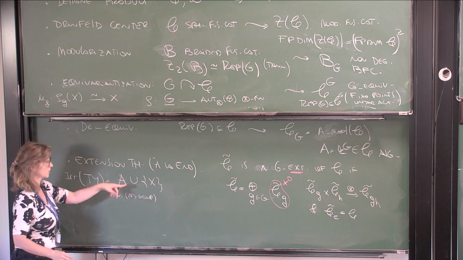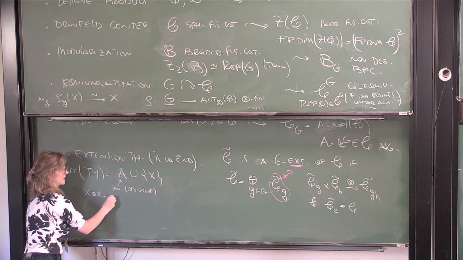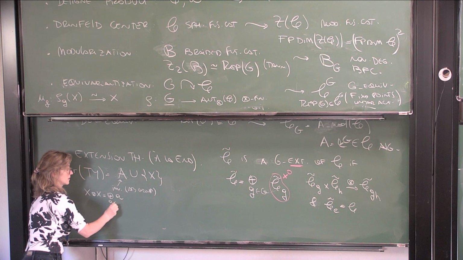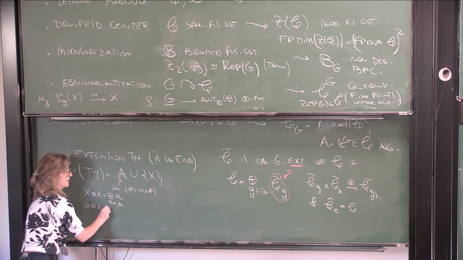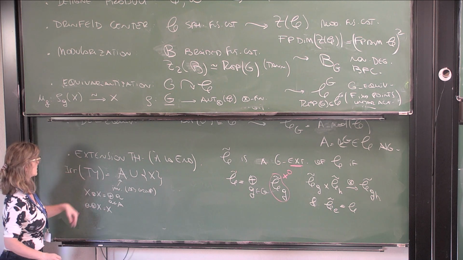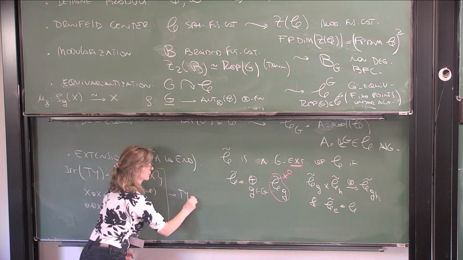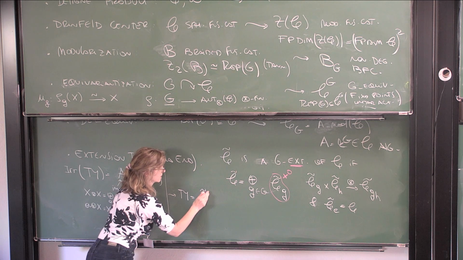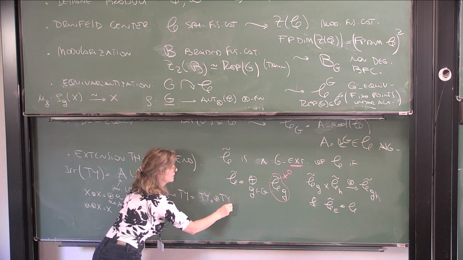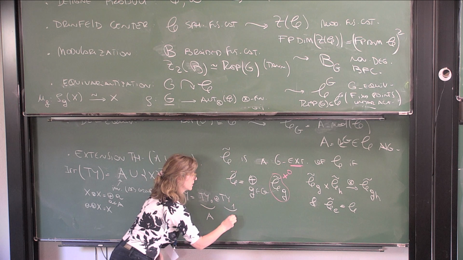And I told you the fusion rules of these were X tensor X is the sum of the group elements, and all the group elements fix X. So we can decompose our Tambara-Yamagami as C tilde, maybe as Tambara-Yamagami 0 plus Tambara-Yamagami 1, in which here we'll put A, the simples in A, and here I put X.